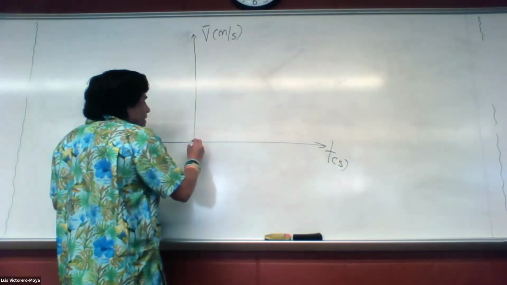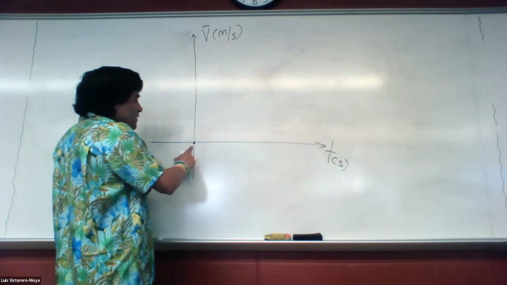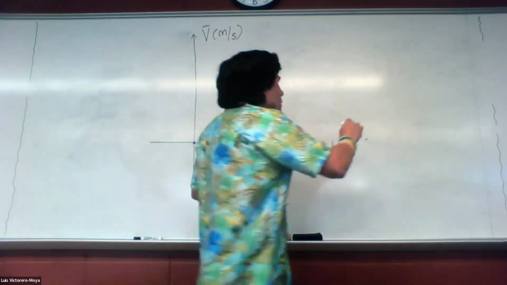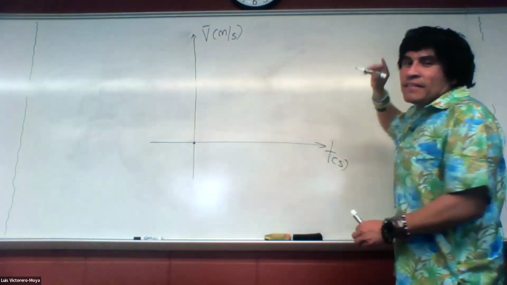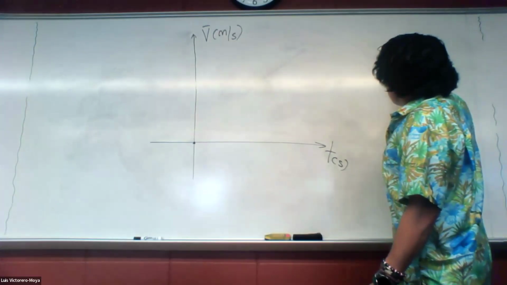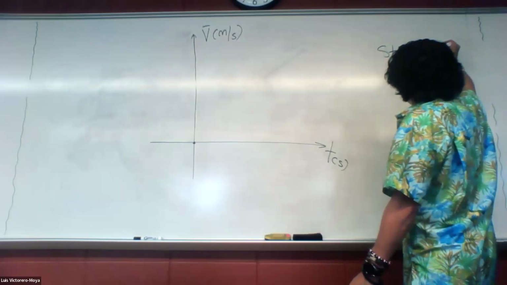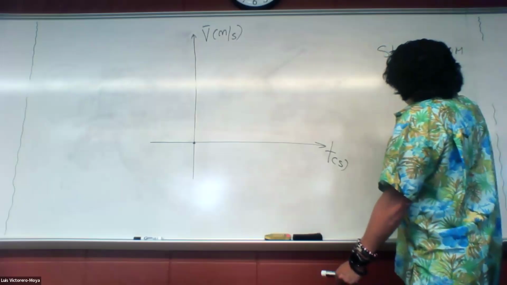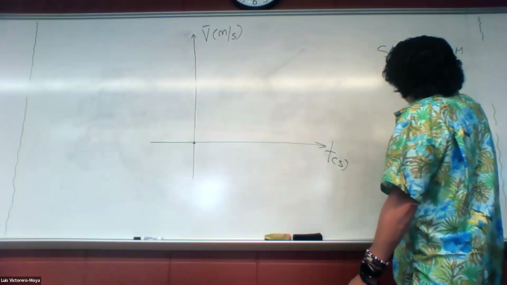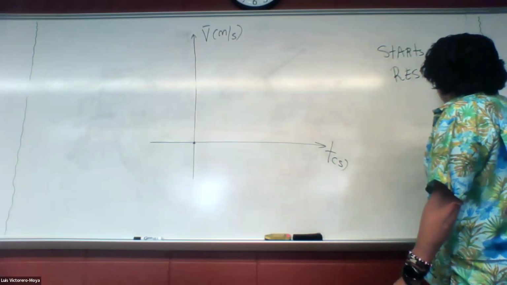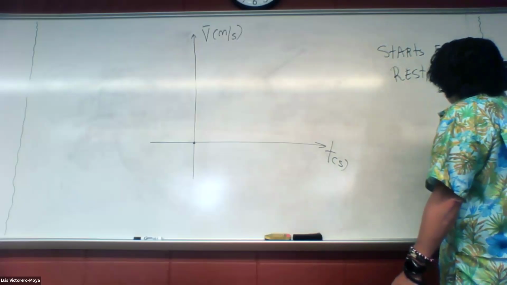A body that starts from rest. So let's do this. If they tell you that a body starts from rest, then the initial velocity is 0.